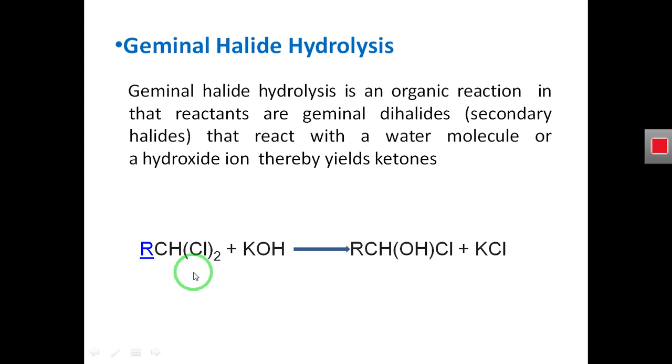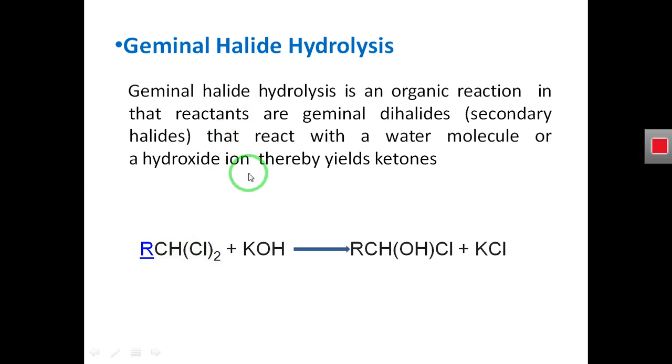What are halides? Halides are iodide, bromide, chloride. So if we have two halide atoms attached to the same atom, we call this molecule a geminal halide. You can see here we have two chloride atoms attached to the other atom, so this is a molecule of geminal halide.